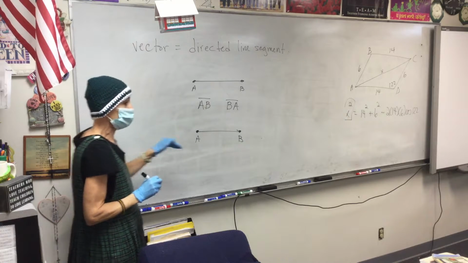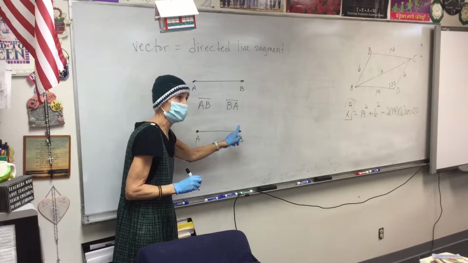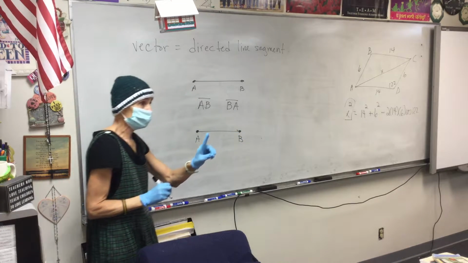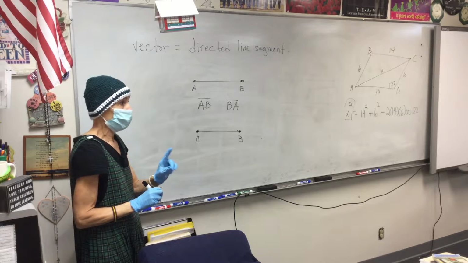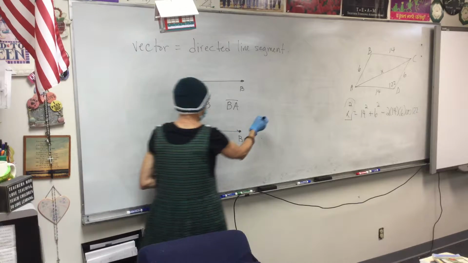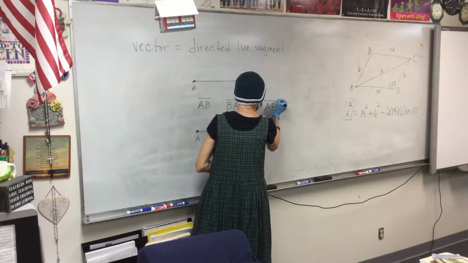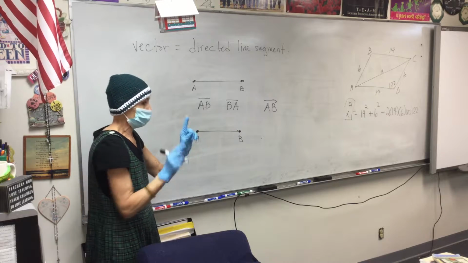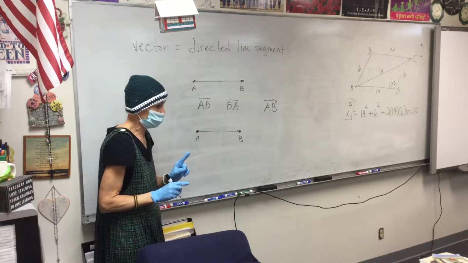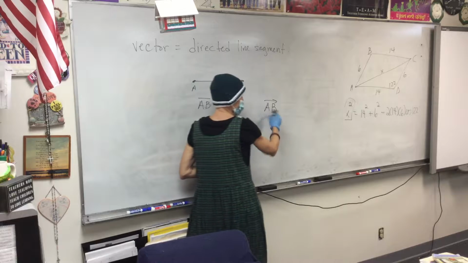Now, some people put 2 tips on the arrow. I prefer 1. Because in geometry, when you put two tips on the arrow, when you had something that looked like this, what did that mean? A ray. That was a ray. And rays are very different than vectors. What does ray AB mean?